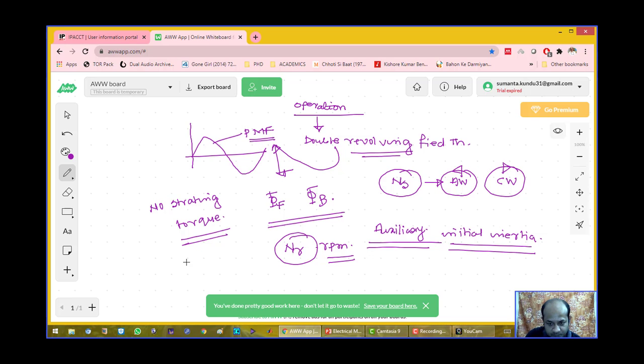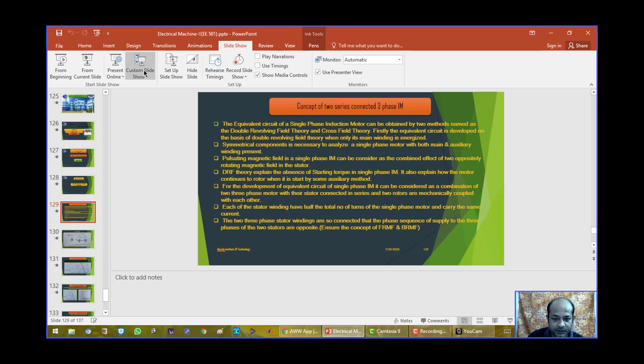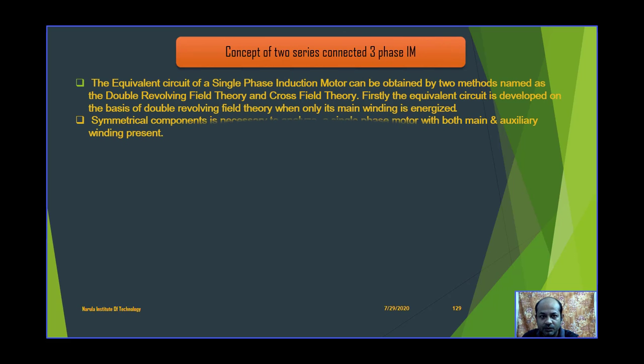Okay, so let me go to the slide now. We have mentioned that the equivalent circuit of a single phase induction motor can be obtained by two methods, one is double revolving field theory and the other is cross field theory. But here we develop the equivalent circuit using double revolving field theory, that is only when the main winding is energized.